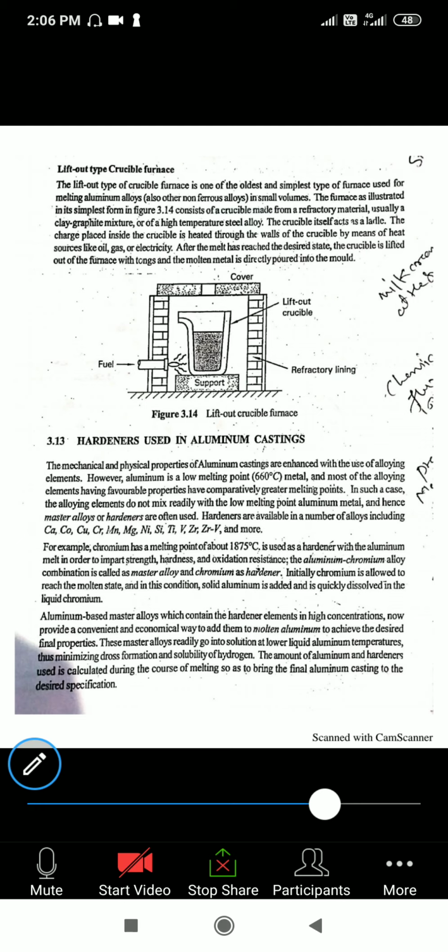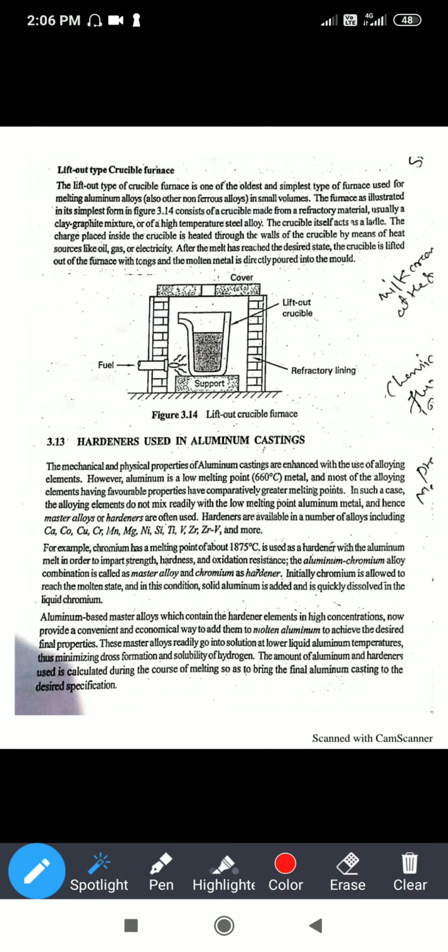You can see the refractory walls and linings, and the crucible in which the raw material is charged, where the aluminium raw materials are added. There is also a torch for supplying flame, using fuel gases.